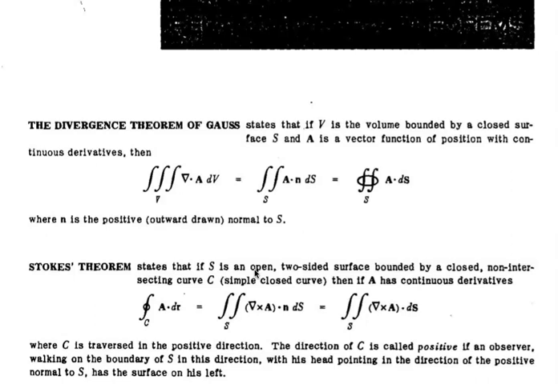Then if A has continual derivatives in this space, then the closed line integral of A dot dr around that surface is equal to the surface integral over that surface. That's what both of these imply, of the curl of A dot dS. That is the Stokes theorem.